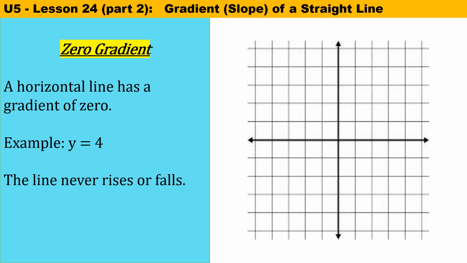A zero gradient means that a horizontal line has a gradient of 0. It does not rise. Example, y equals 4. The line never rises and it never falls. It simply goes across like that.